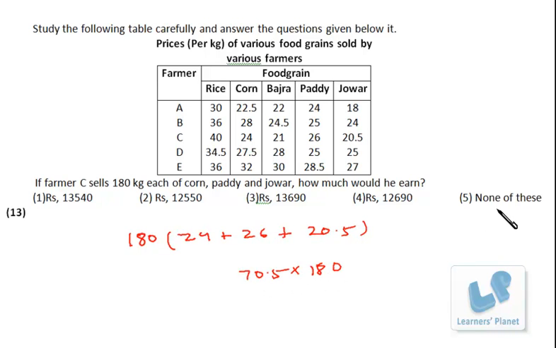Since none of these is there, we need to calculate the actual value, right? So 18 sevens are 126. So 12690 is the correct choice. Okay, I hope you are clear.